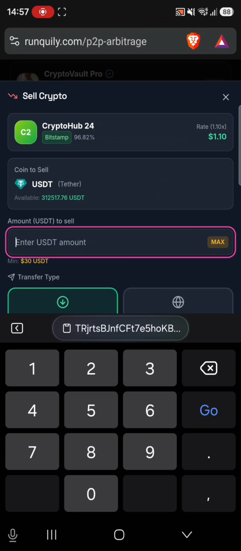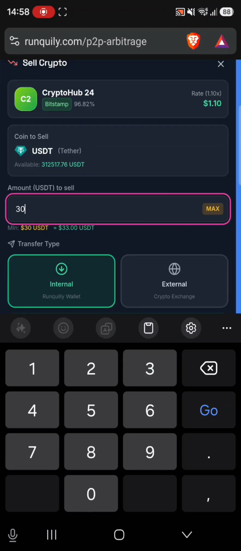And the amount I'll trade with, let's say 30, the minimum, or 35. I'll get 38. Let me do 34. So I'll get 37.40. And remember, that's how you make profits with crypto arbitrage trading. You buy low here, you sell high there, and you make some good profits, my guys.